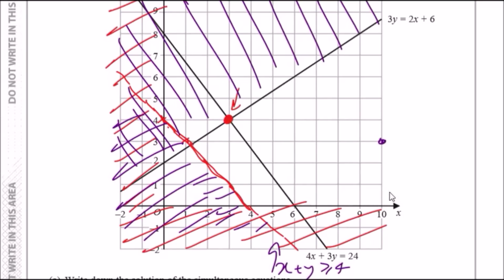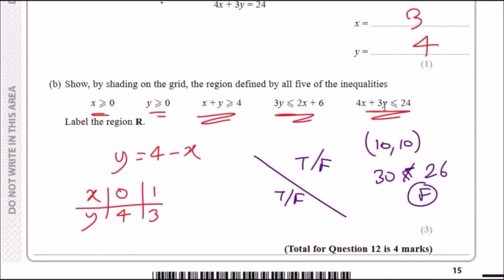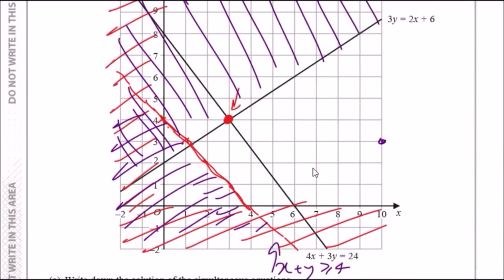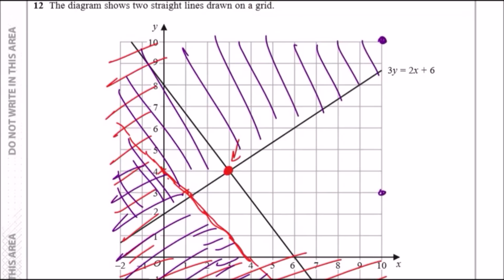And this is 10, 3, yeah? So looking at the final coordinate and testing 10, 3, what do we have? So when x is 10 and y is 3, we're going to have 40 plus 9, which is 49. So is 49 less than or equal to 24? Nope, it's false. So I'm getting another false statement. So this means this side must be false.